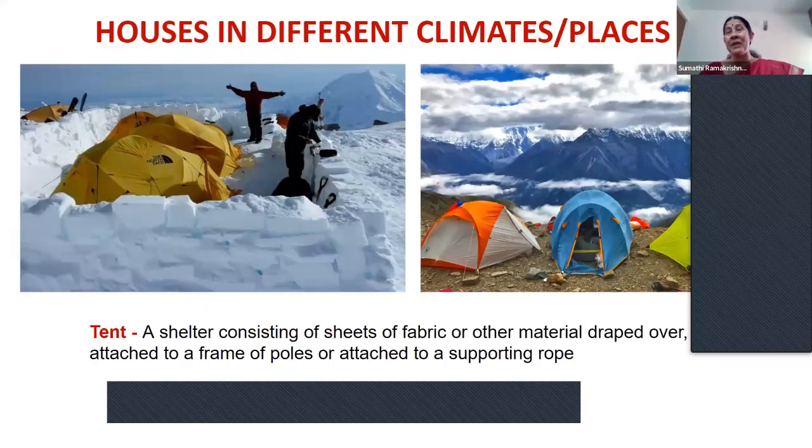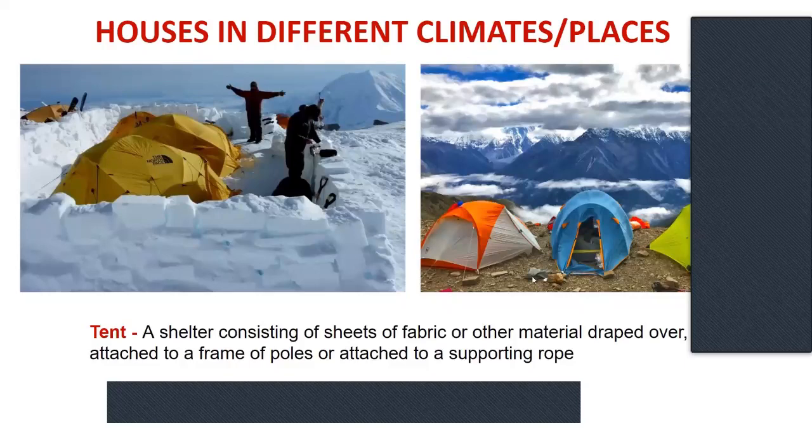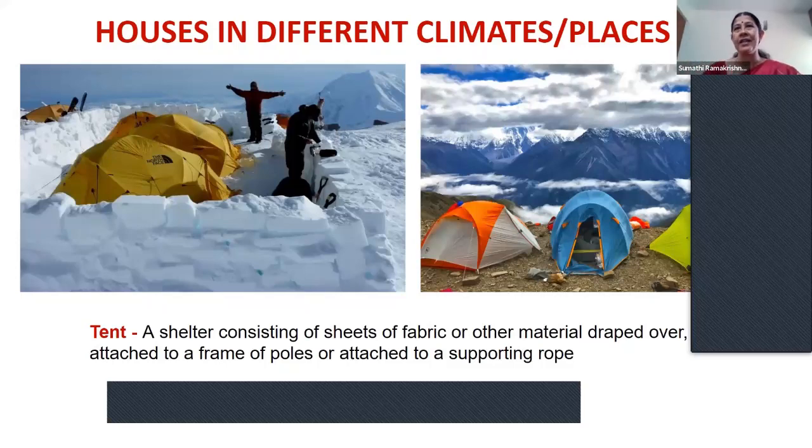Even if we go on a picnic nowadays, youngsters go for trekking and other things. They tend to explore new things. They do use tents for staying. So it's a sheet of fabric or other material draped over an attached frame. See this for easier understanding, another picture I have attached. Poles are attached to a supporting rope. That is called a tent.